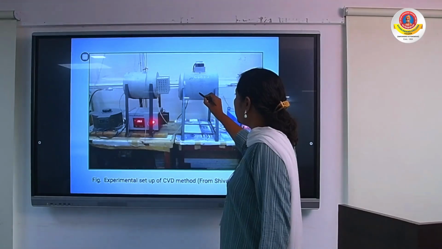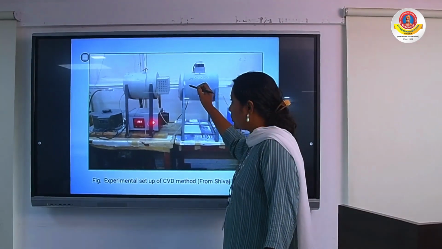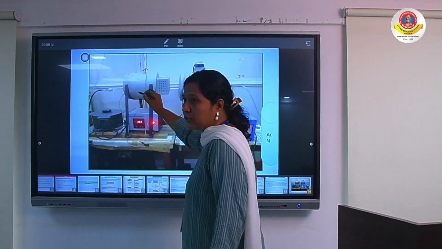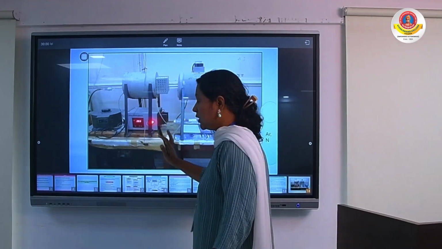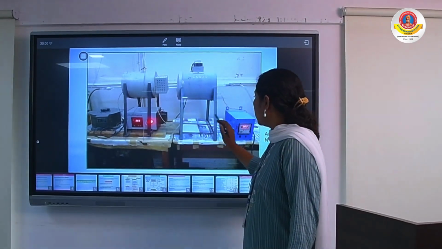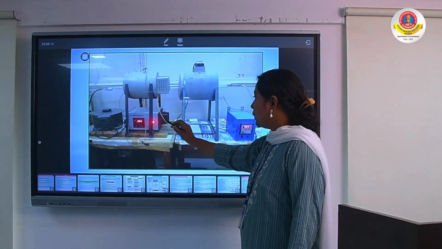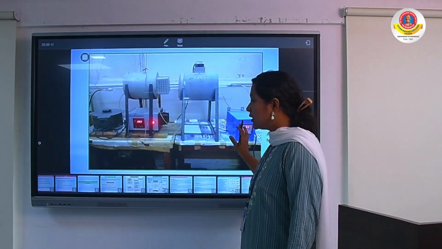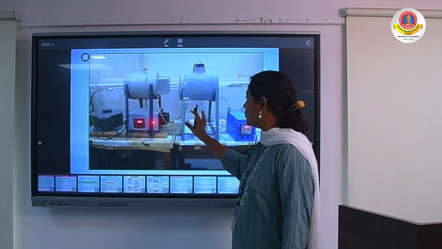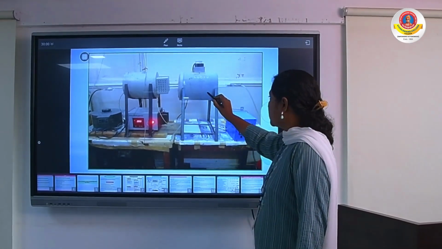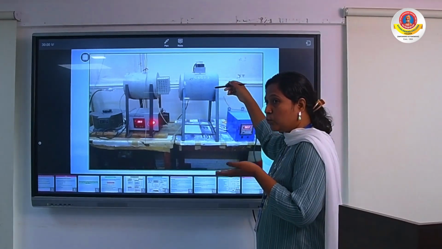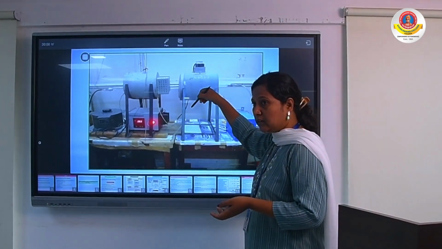In one container, here we have to insert our sample. In another container, here we have to insert our substrate. These containers are attached to two temperature controllers, and here I have given the temperature of both controllers. Here is our liquid sample. We have to insert the liquid sample into that container.